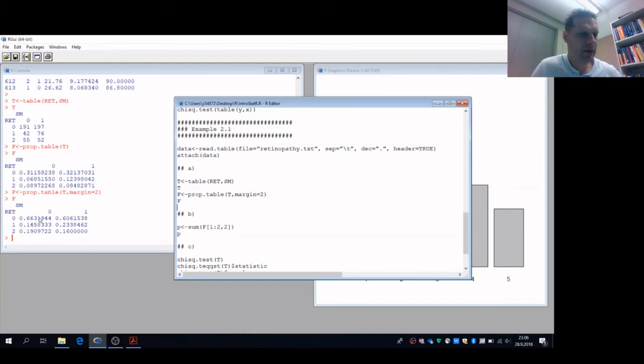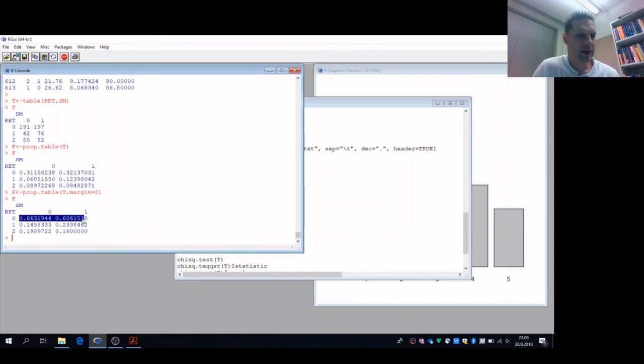And if we look at these conditional relative frequencies, comparing the category of 0, that is non-smokers, and category of 1, that is smokers, we can see that there's obviously some amount of change.